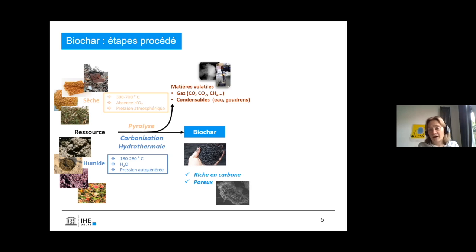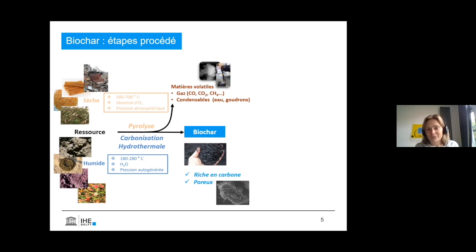And after that, there will be pressure. Pressure will be generated between 10 and 30 bars. And then there will be the formation of more volatile matter, a bit of gas, mainly CO2, and also liquid, organic matters, inorganic matters, and again, in these conditions, biochar, which, because it is hydrothermal conversion, we call hydrochar.